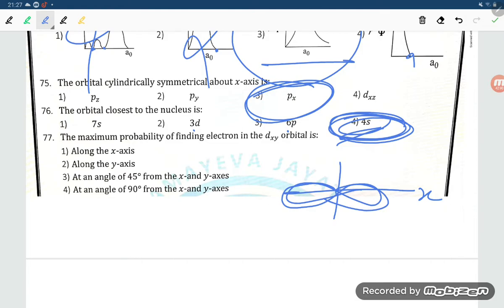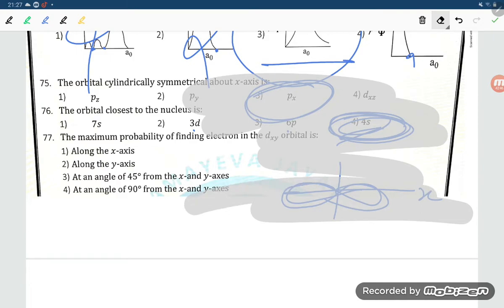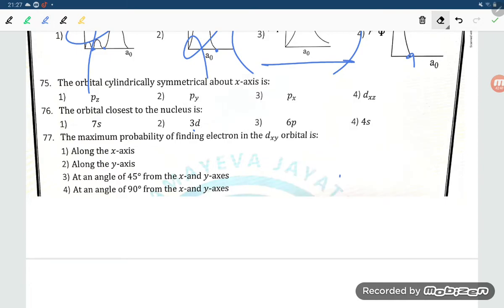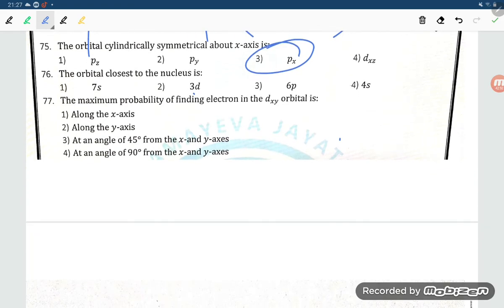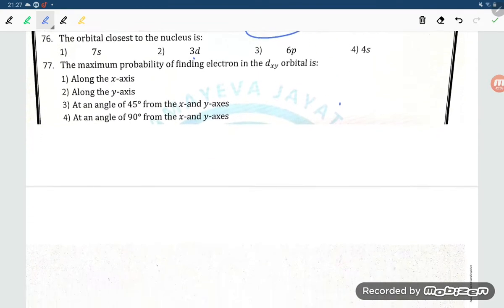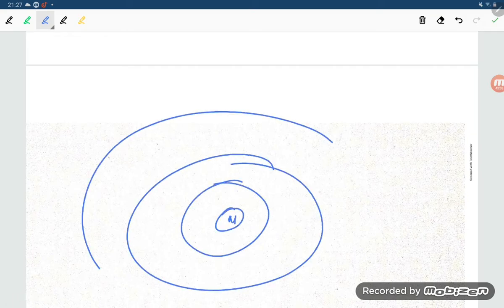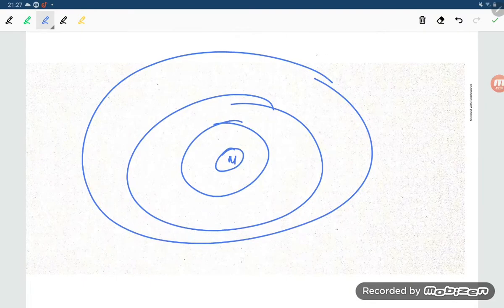Question 76, the orbital closest to the nucleus. Let me check, this is getting confusing. How can you solve it? The nucleus is there, and here you see many orbits are possible.